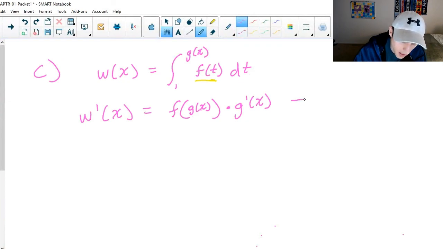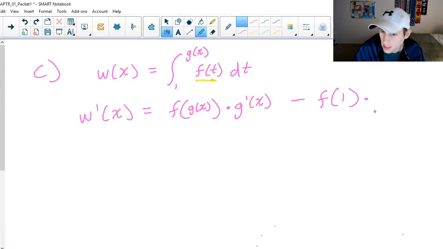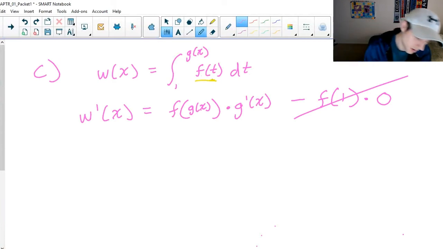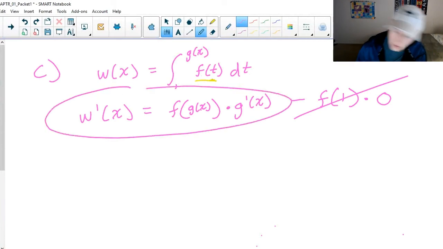And then that would be minus the function plugged in by the lower bound, so the lower bound is just 1, times the derivative of the lower bound. Well, the derivative of 1 is 0, so times 0. Okay, great. So I don't even need to worry about that second term. Right, so this is my formula for w prime.